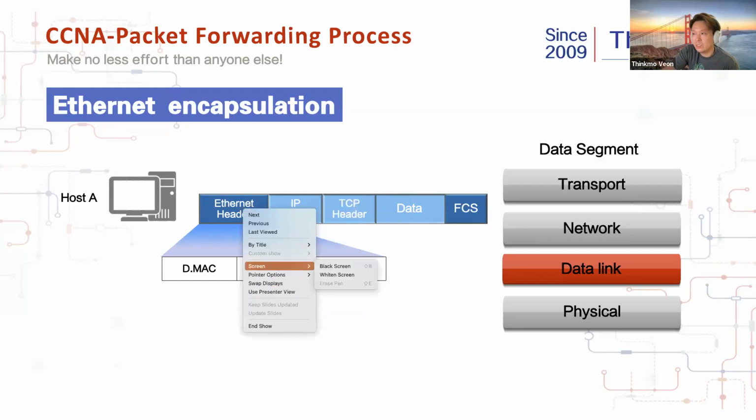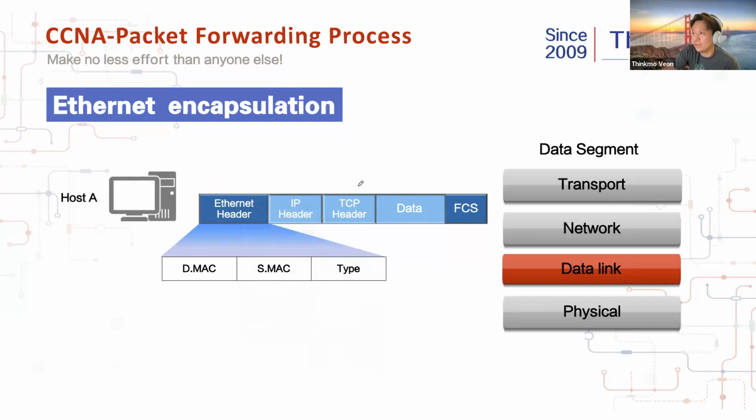So until now, we see a few encapsulations: we have TCP, the IP header, and the Ethernet header. We are still going from the top to the bottom, as I mentioned in the first slide. From the transport layer, network layer, until the data link layer, we encapsulate the layer 2 header, and at this stage we call the whole packet a frame, right?